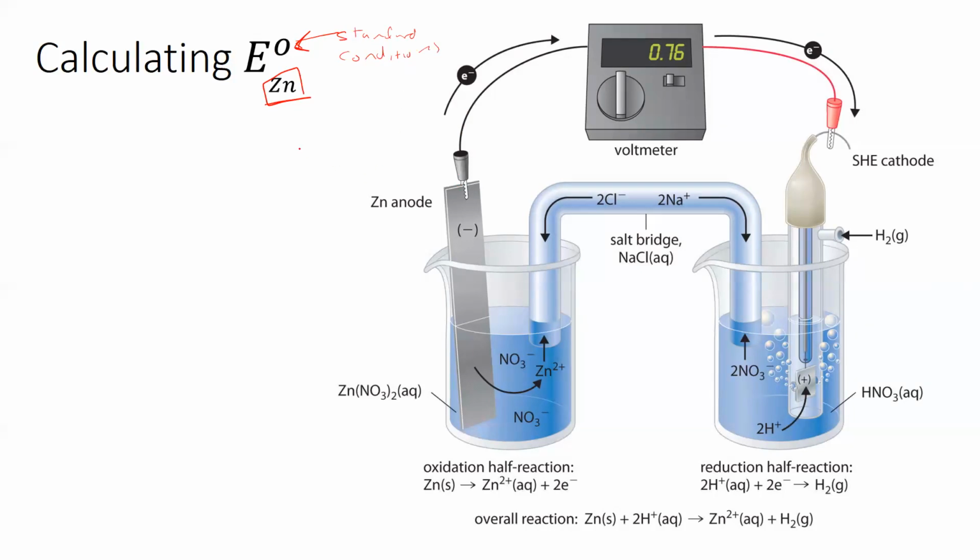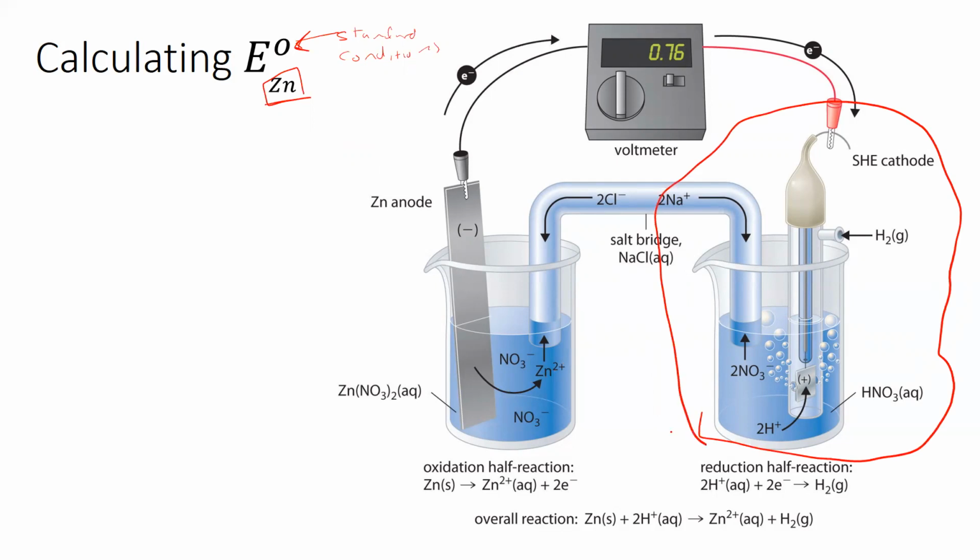So you would not calculate, you would actually experimentally determine the standard reduction potential of a zinc half cell by comparing it to, or hooking it up to, the standard hydrogen half cell.